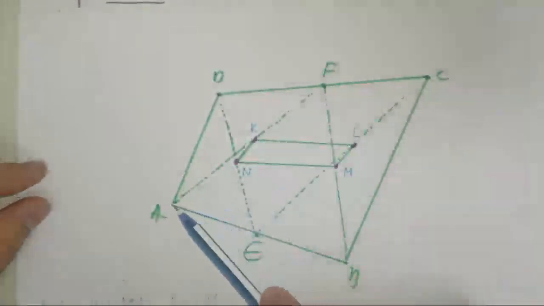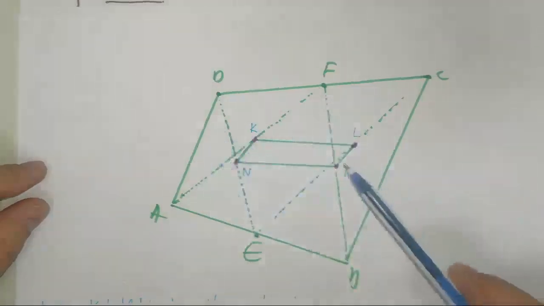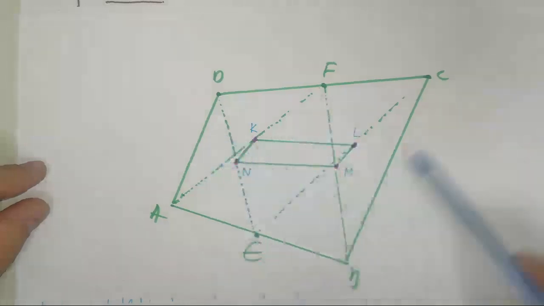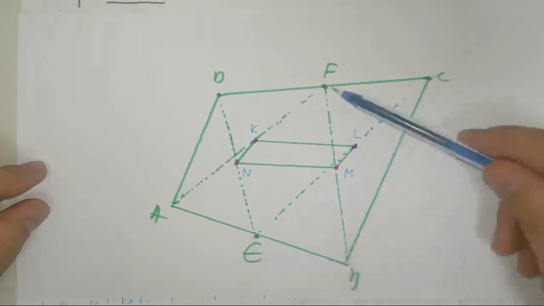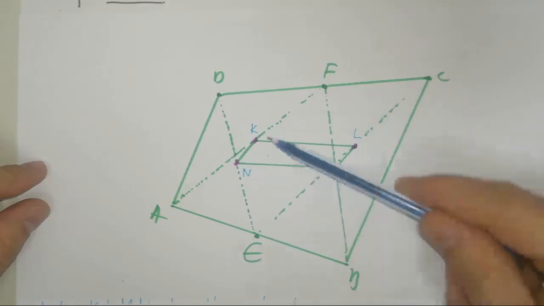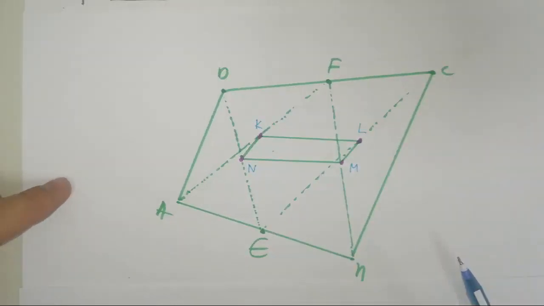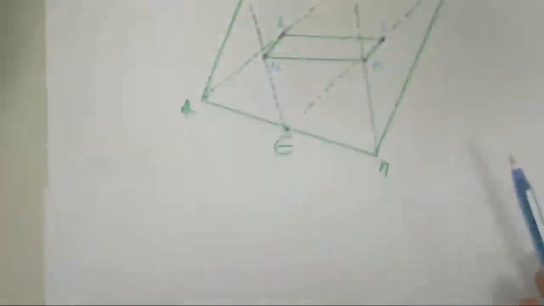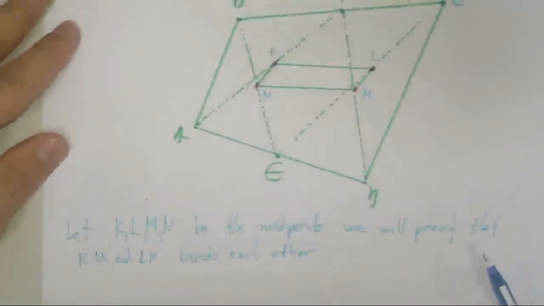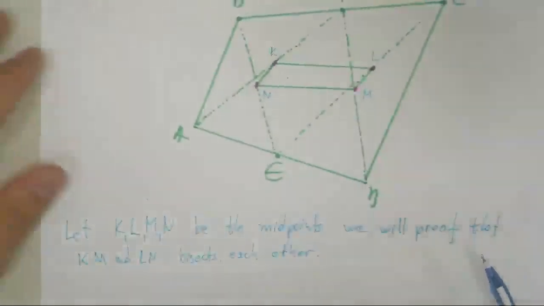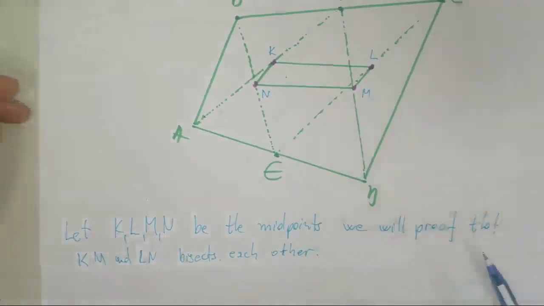Now we need to prove that the midpoint of AF, which we denote K, this one L, which is the midpoint of EC, then the midpoint of FB is M, and the midpoint of DE is N. So let K, L, M, N be the midpoints of these four lines respectively.